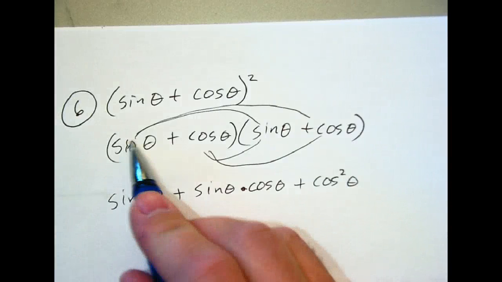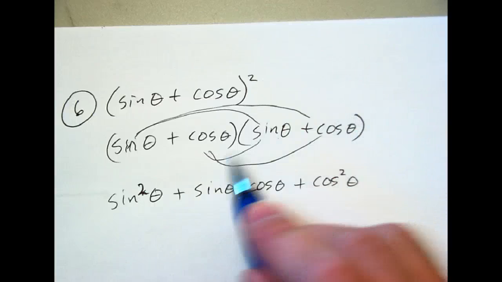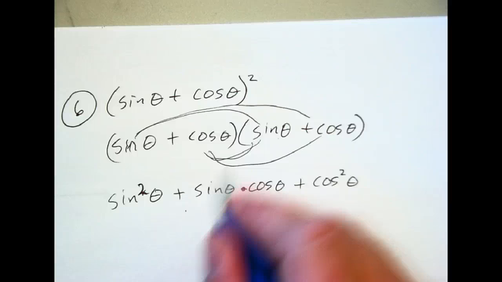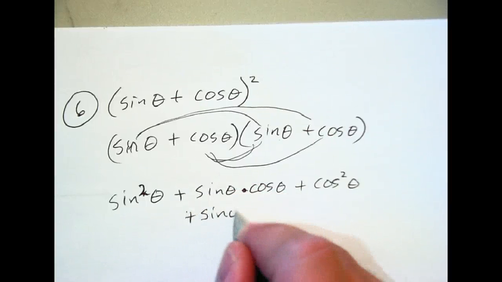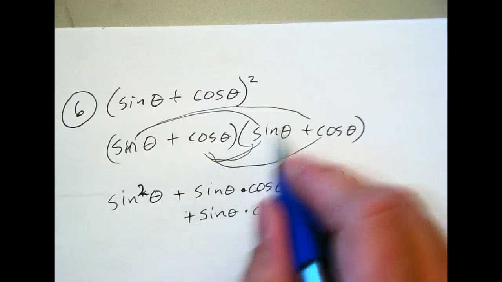That one times that one's our sine squared, sine cos, and cos squared. Now I need 2 of these in here, so I forgot one right there. That should also be a sine cos. It doesn't matter what order you put it in. You could call it cos times sine.